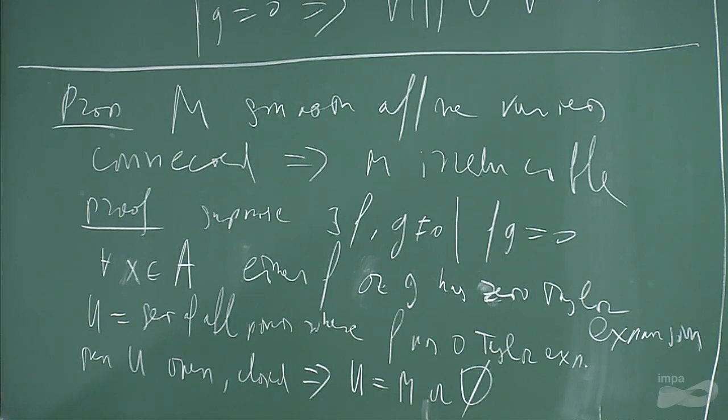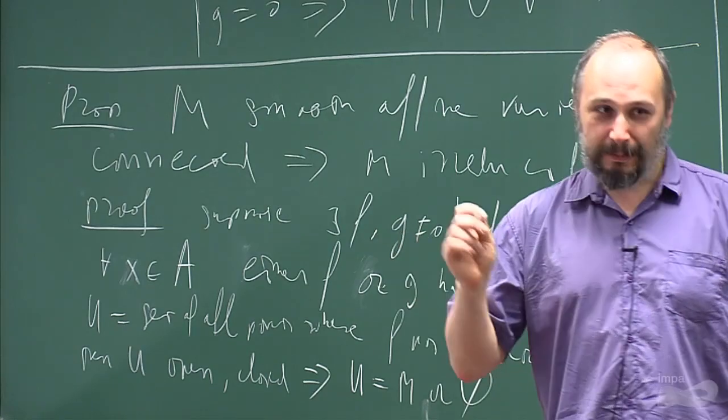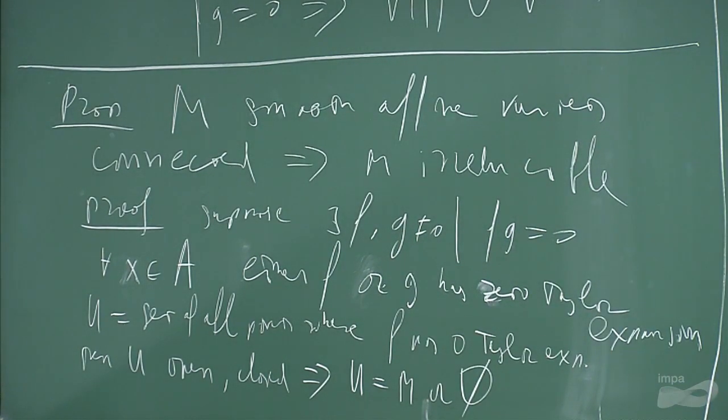Nobody remembers? Well, I should too. It's not hard, but I don't want to think next to the blackboard. It's a good exercise for you. Anyway, the important thing is that irreducibility doesn't imply smoothness, but smoothness implies irreducibility as long as your manifold is connected.